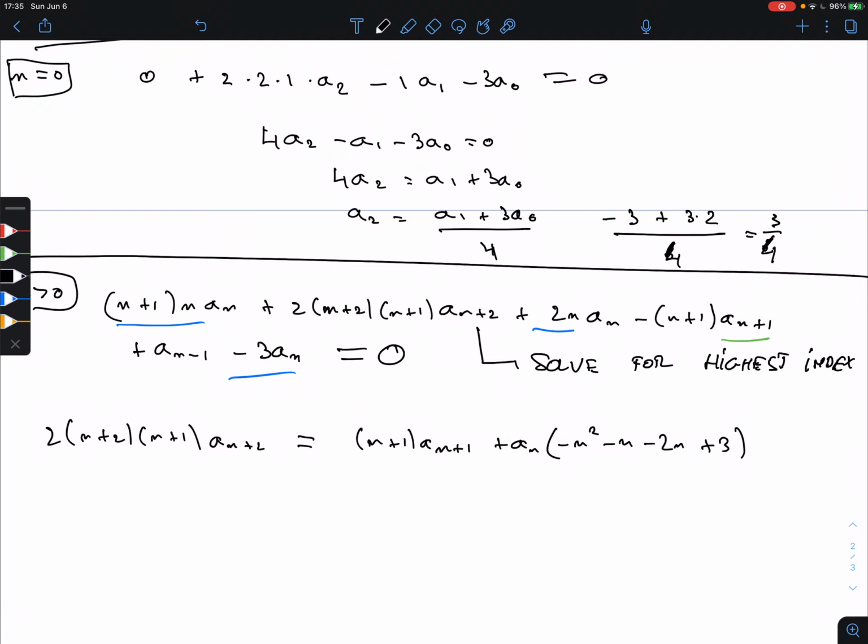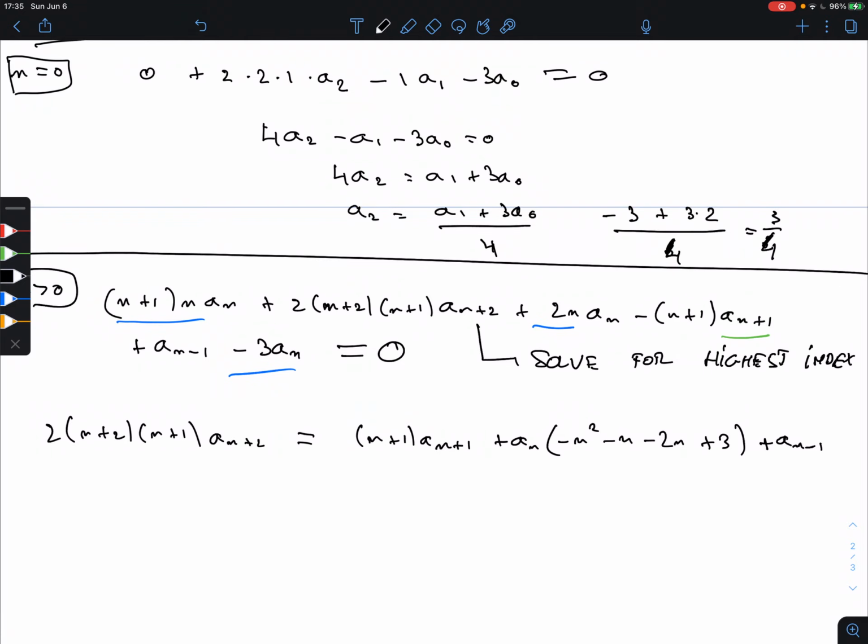There's a term involving a_(n−1). So you see that it does not just depend on the previous one, but on the one before that, and the one before that, on the previous 3, if you want.